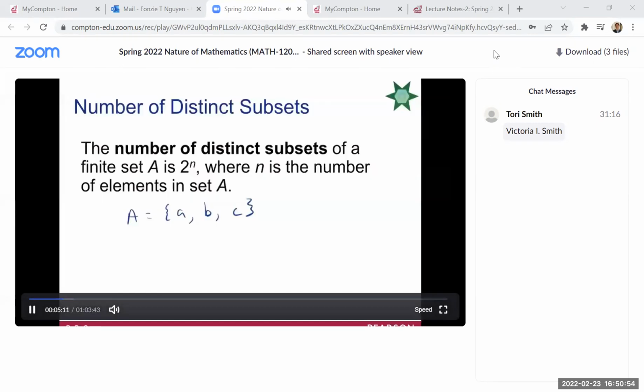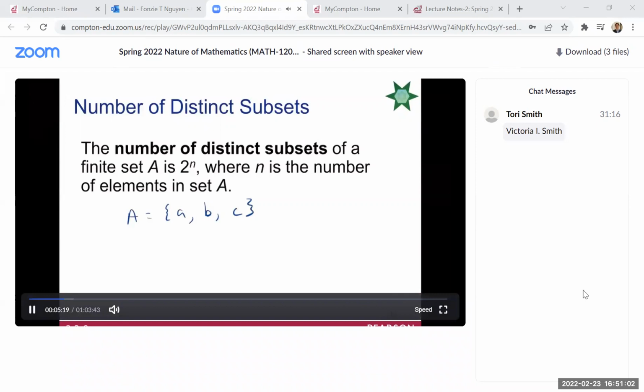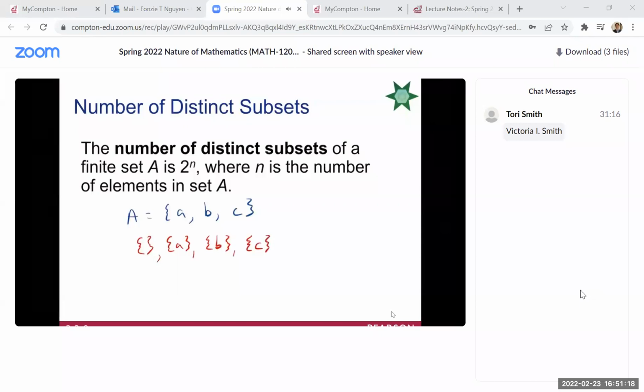All right, so let's just say we had a set A, B, and C. How many distinct subsets are there? So let's start with the set of nothing. So you have this one, the empty set. Now let's write out the sets that only include one element. A, B, C. Now let's include the sets that have two elements.